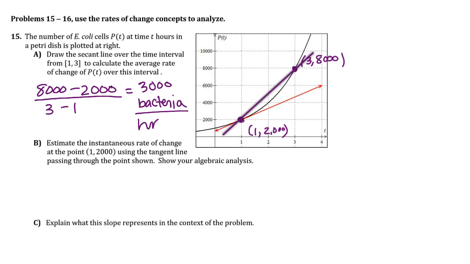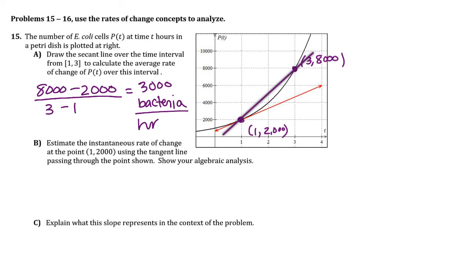All right, so now let's look at part B, estimate the instantaneous rate of change at the point (1, 2000), and we need to use a tangent line passing through that point. And so they want us to show a tangent line there, and I think that tangent line is really being shown. That's what's in red there.